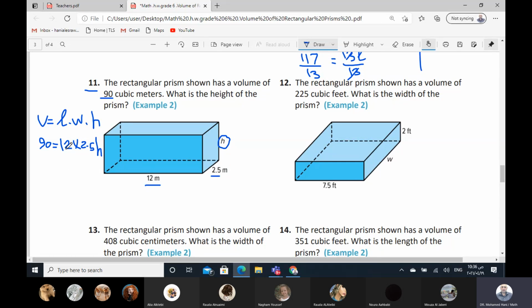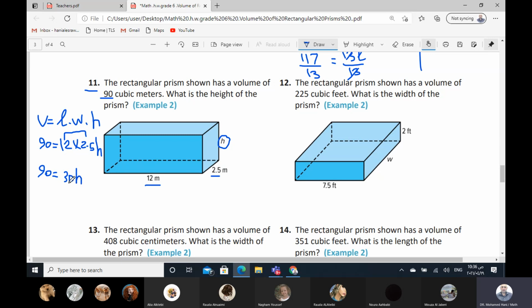So the first step, find the product 12 times 2.5. The answer will be 30h.